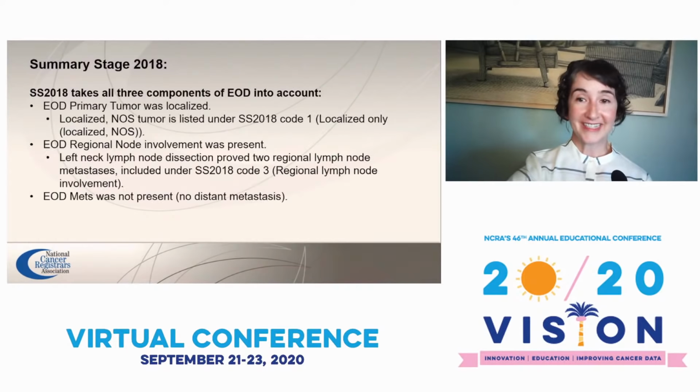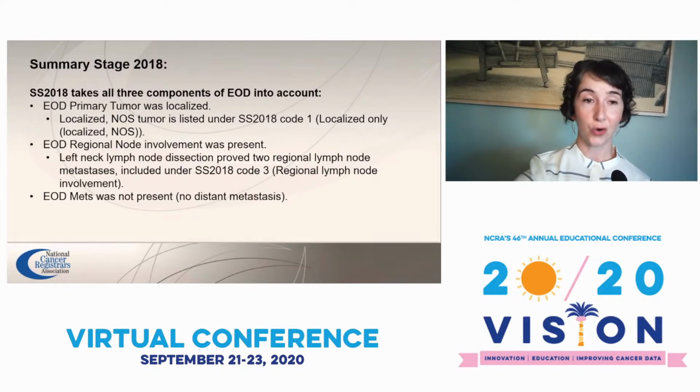We're back to summary stage 2018, and we have to again take all three components of the EOD into account. The EOD primary tumor was localized, and localized NOS is listed under summary stage 2018, code 1. The EOD regional lymph node involvement was present. There were 2 regional lymph nodes with METs proven by the left neck lymph node dissection, and the regional lymph nodes are listed under summary stage 2018, code 3.